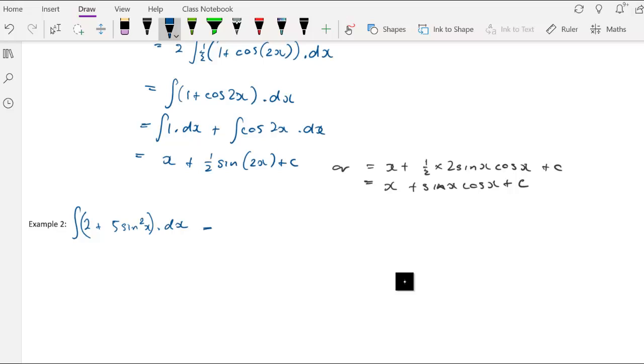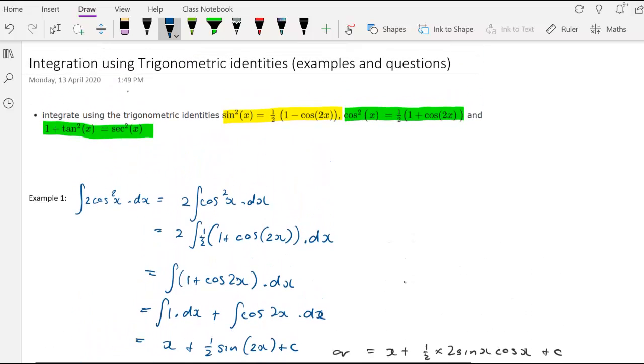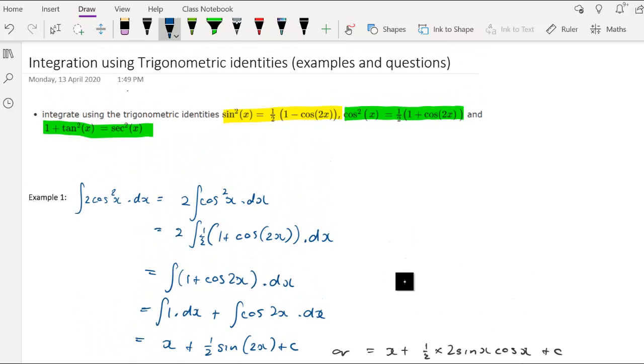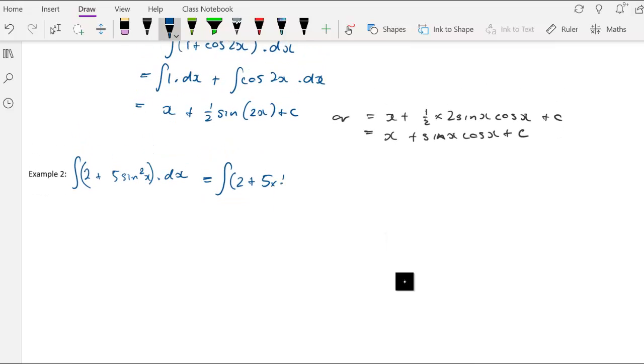we're looking at the integral of 2 plus 5 sine squared x. Now sine squared x is 1 half of 1 take cos 2x. We have 5 lots of 1 half of 1 take cos 2x dx.